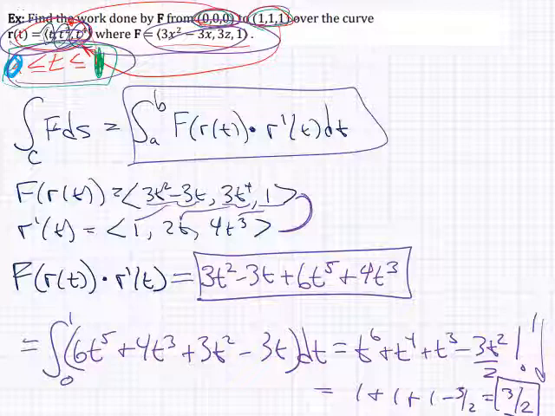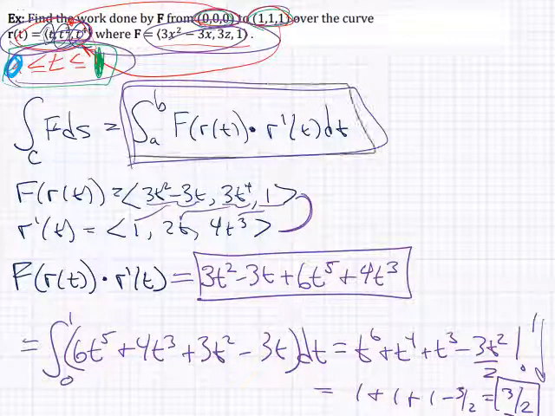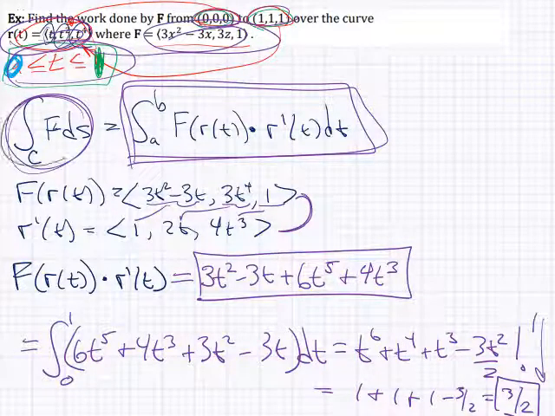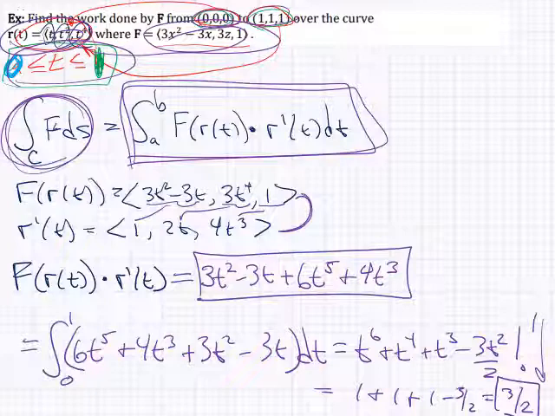But note that this formula for integrating a vector field over a curve, for doing this work done by force, is not dependent on the vector field. We didn't say the vector field had to be any specific type of vector field. Any vector field will work here. It doesn't depend on the curve being a specific type of curve, having any type of properties to it. Any curve, as long as it's parametrized, will work here.